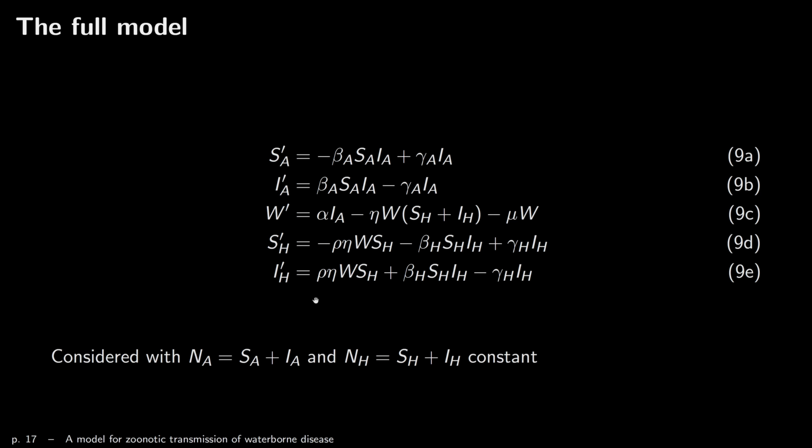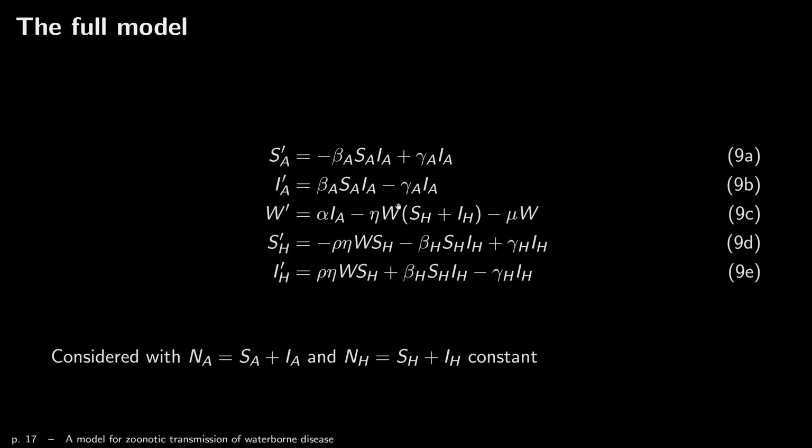So the model looks something like this. So this is a mass action term here, recovery, mass action here, and what you can see is that then W increases this way. This is because of animals depositing in the environment.